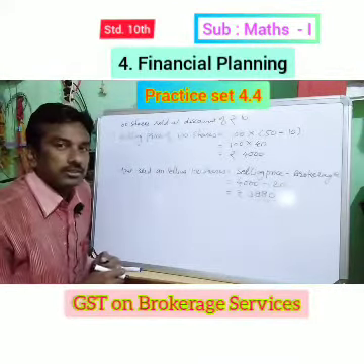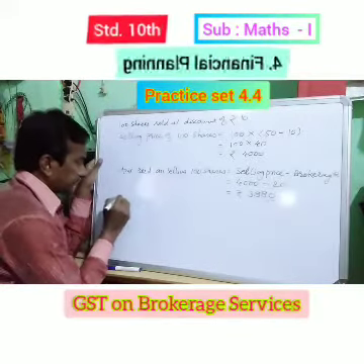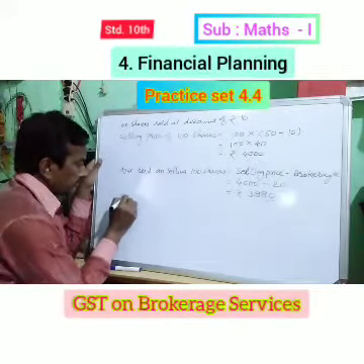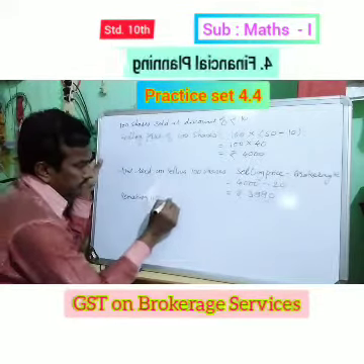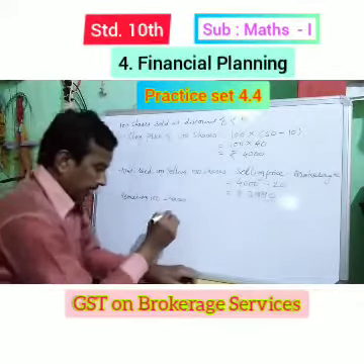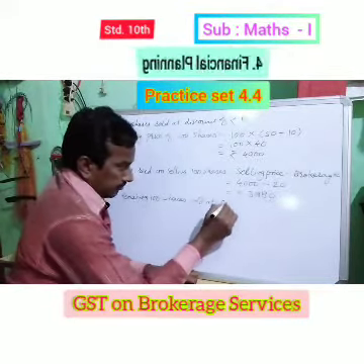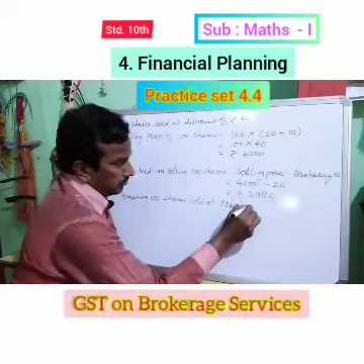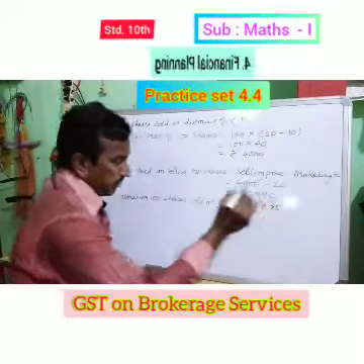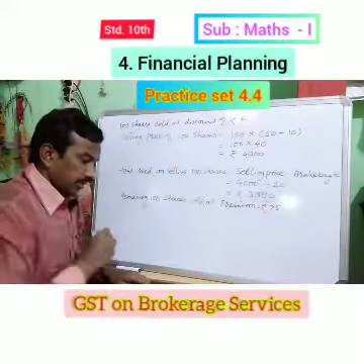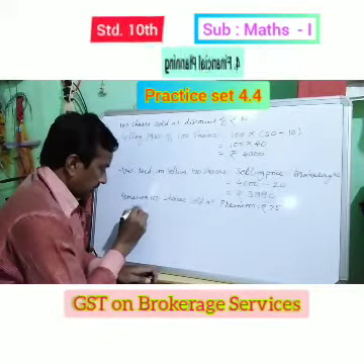Now find out remaining 100 shares. Remaining 100 shares sold at a premium of rupees 75. Now find selling price of those 100 shares.